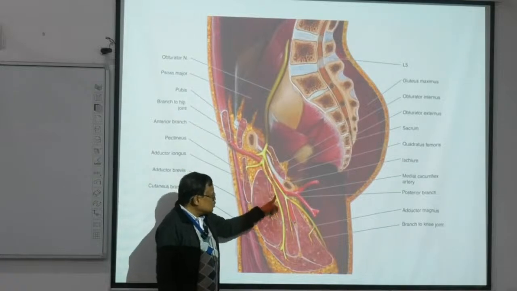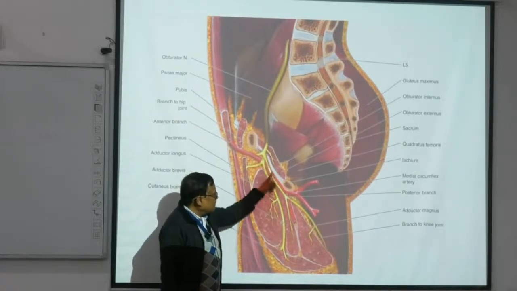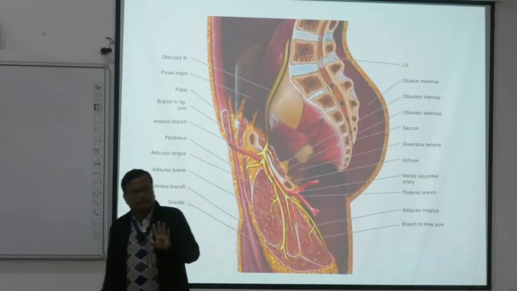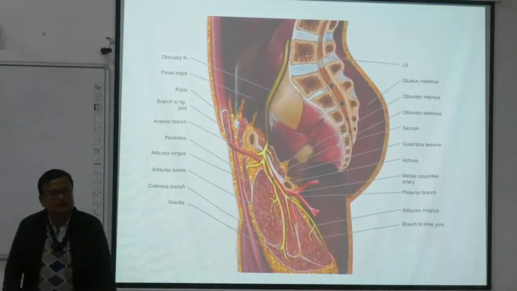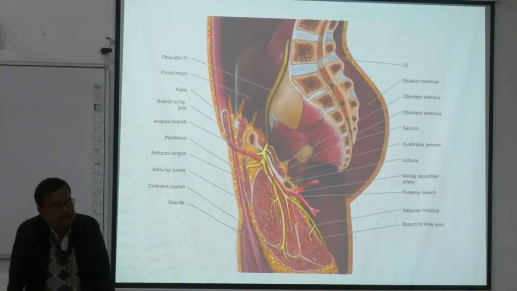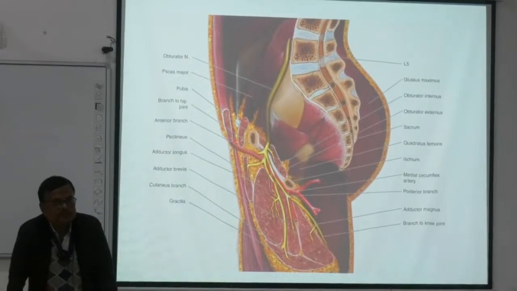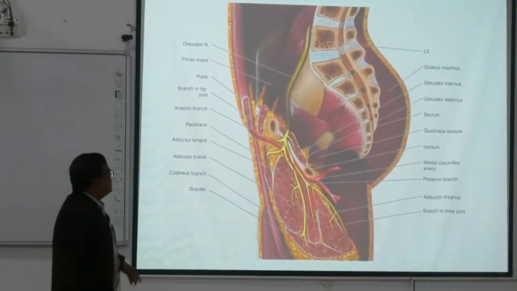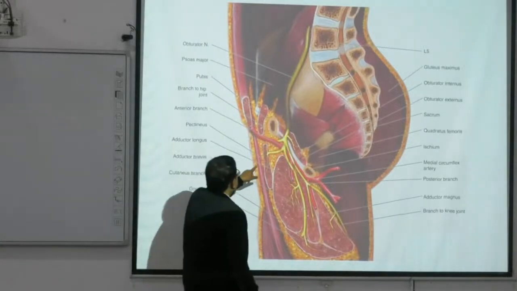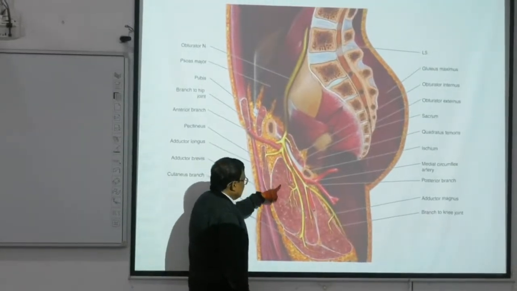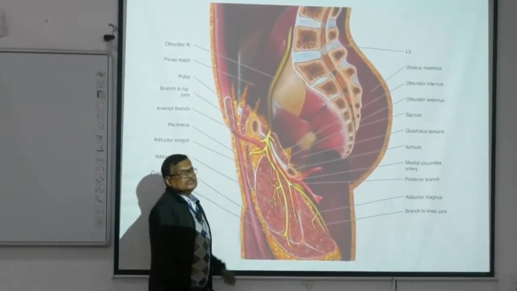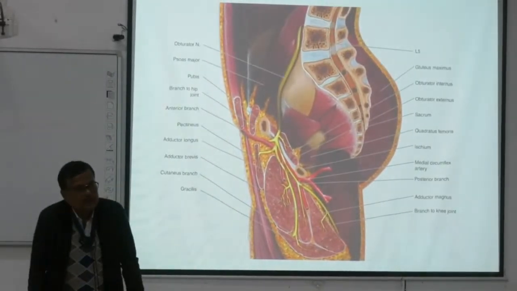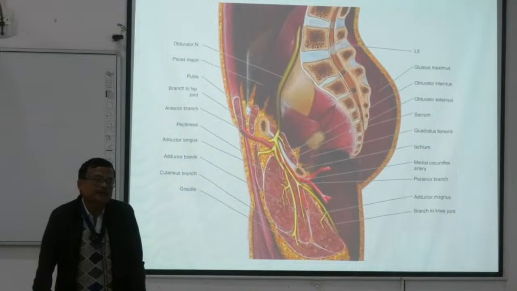Anterior division passing superficial to the adductor brevis and posterior division passing posterior to the adductor brevis. Mone rakhbe. So anterior division passing superficial to the adductor brevis and posterior division passing posterior to the adductor brevis. So anterior division, it supplies the pectineus and adductor longus and also the gracilis. And posterior division supply the adductor brevis and most important adductor magnus.